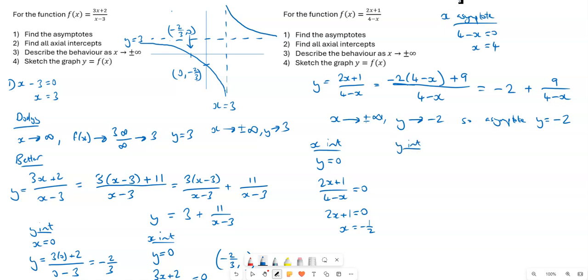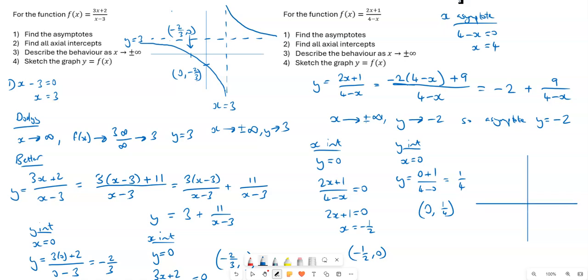Next, we have our y-intercept when x equals 0. Probably would have done this one first. It's slightly easier. So y equals 0 plus 1 over 4 minus 0 equals a quarter. And I should have said here minus a half, 0 for my x-intercept, and then 0, a quarter for my y-intercept. And now we can sketch this happy little thing.